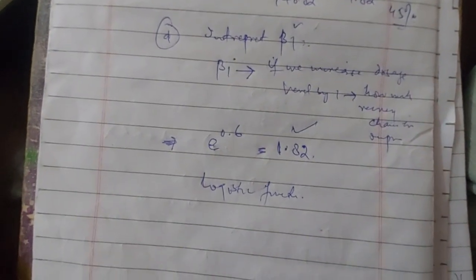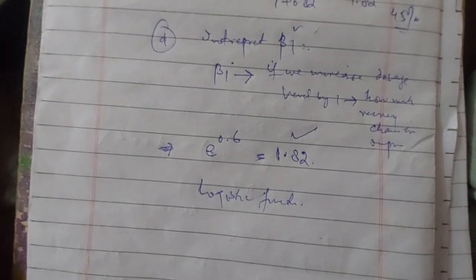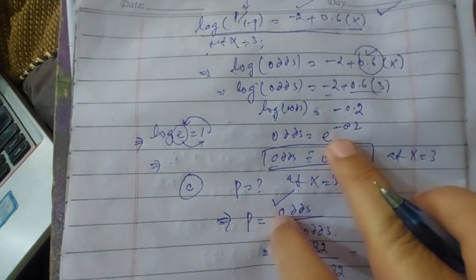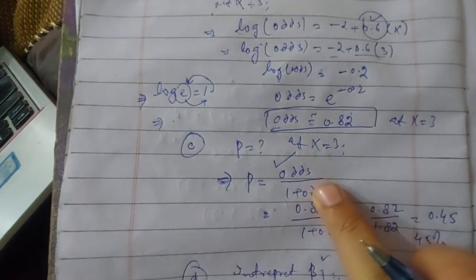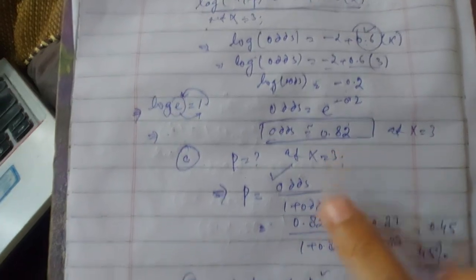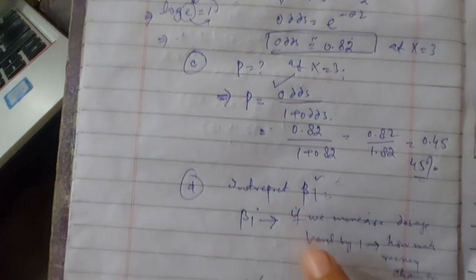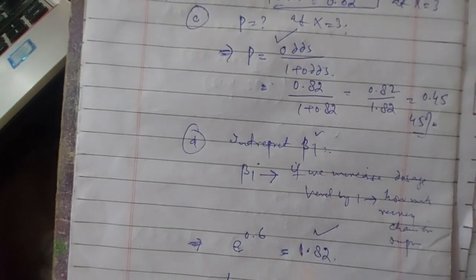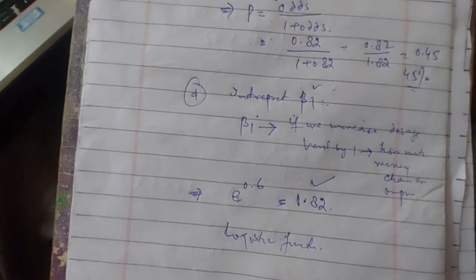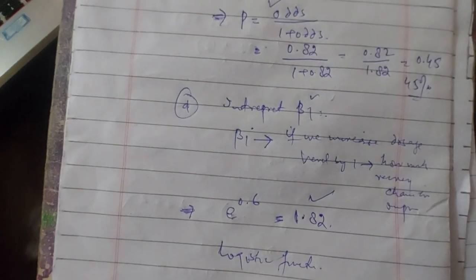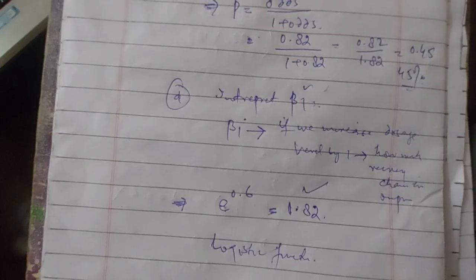What we studied next is the odds and odds ratio. We calculated odds, and we calculated the odds ratio, which is equal to e raised to power 0.6. This is the odds ratio. These are the basic concepts that we studied over here.